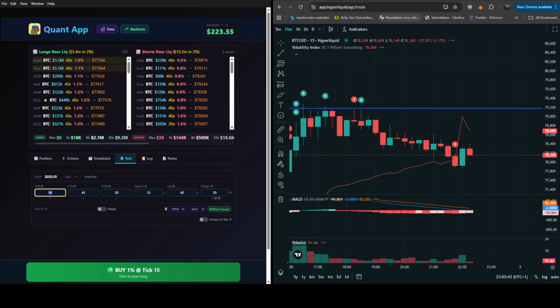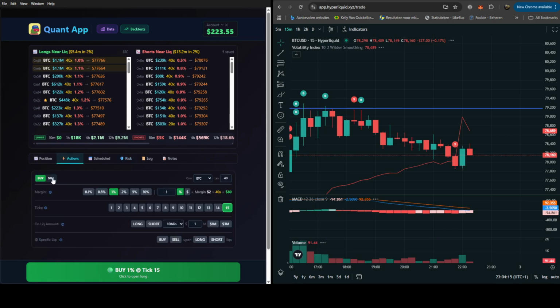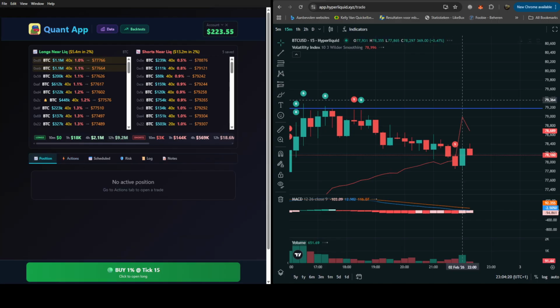Sometimes I just open my exchange and place a smaller TP or SL on the exchange, and that would be 25, 20, because I sometimes see there is not enough power or volatility behind it, then it's better that you cut the trade short. Or you can just use the close button here, but it's not available right now because I'm not in position.